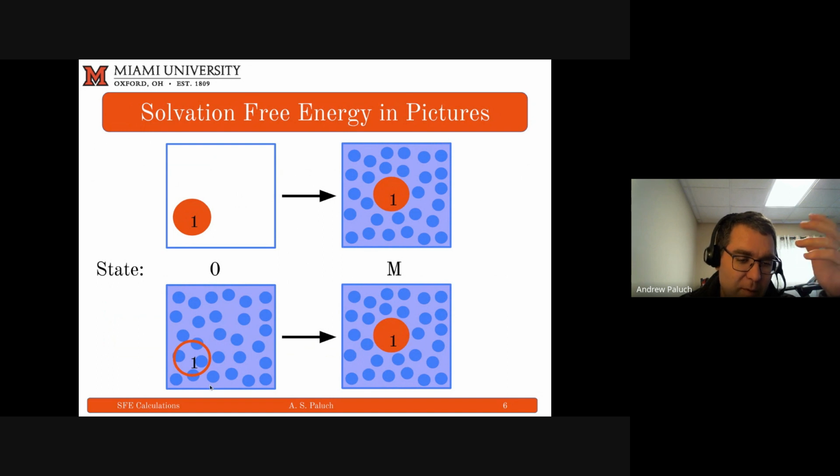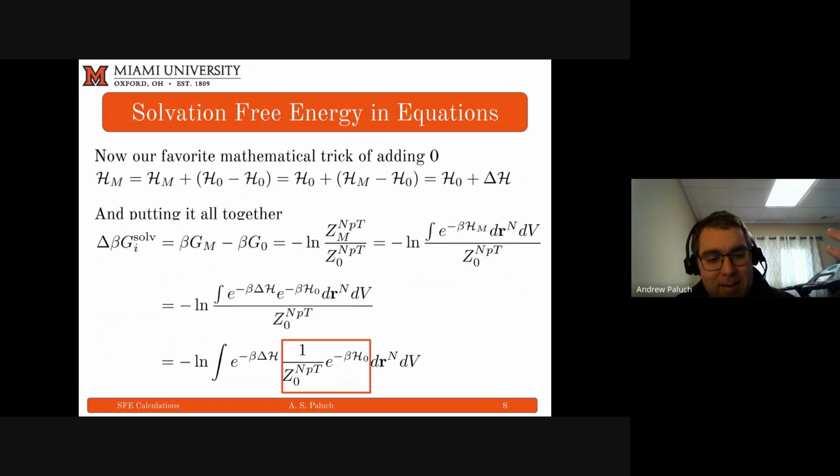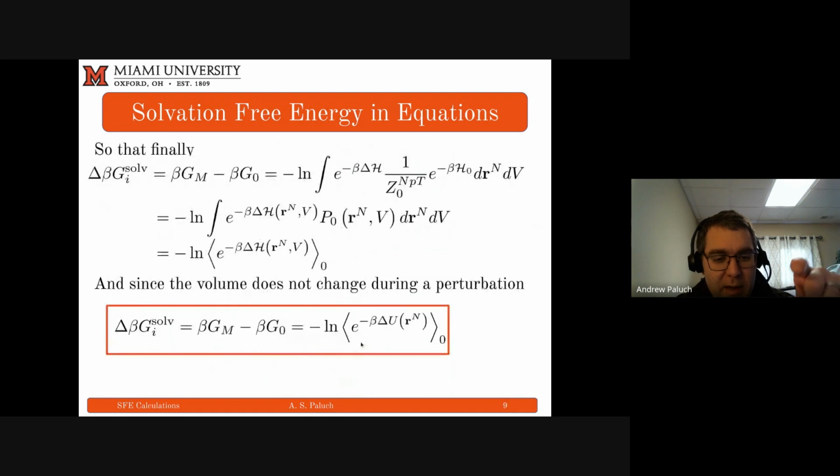So I'd perform a simulation in my reference state, and then periodically I need to calculate the probability of observing a change in Hamiltonian within my reference state. So periodically I would turn on my intermolecular interactions in state 0 and measure that change, measure e to the negative beta delta H.